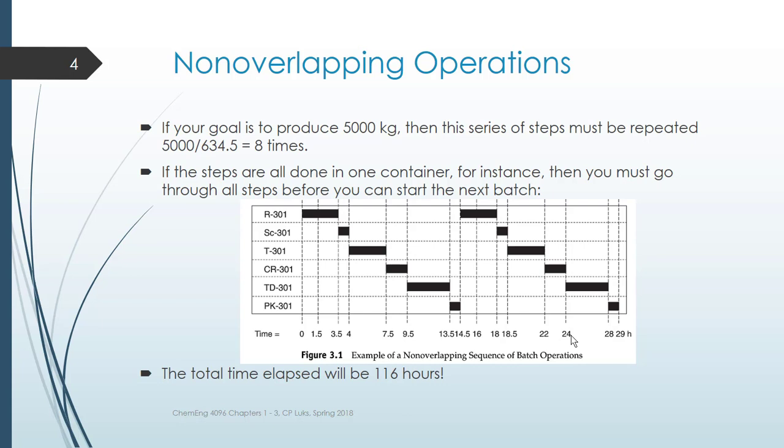Now if you do it all the way through and it takes you 14.5 hours to make the complete batch, and then you start over at the beginning with the next one, 29 hours and you've only got 2 batches made and you've got to do 8. That's 116 hours. That's a long time. And in the meantime, your equipment is sitting unoccupied for much of this time.